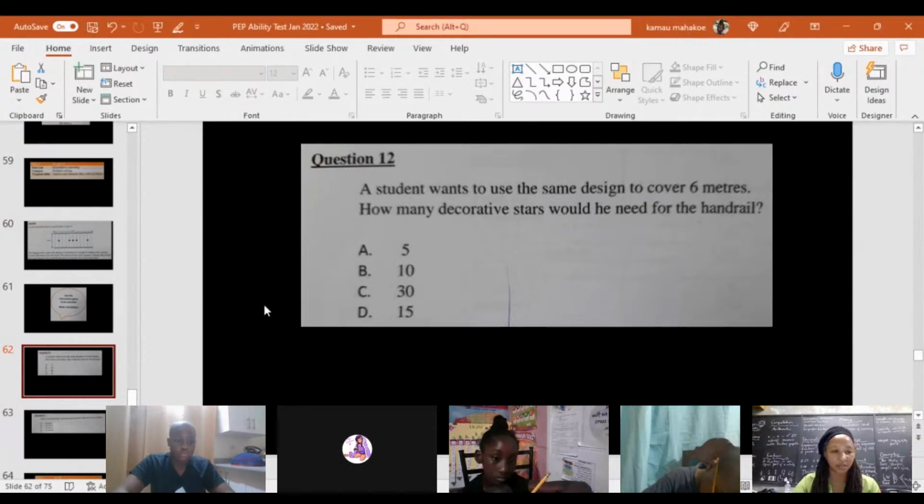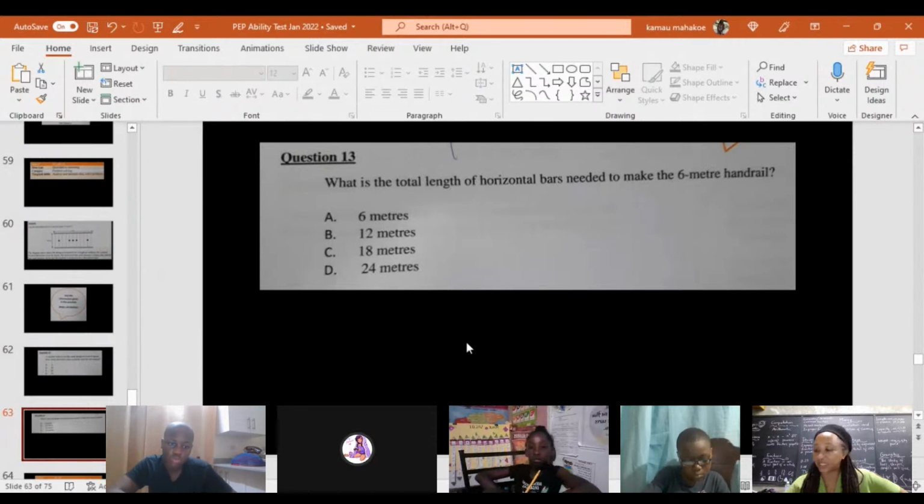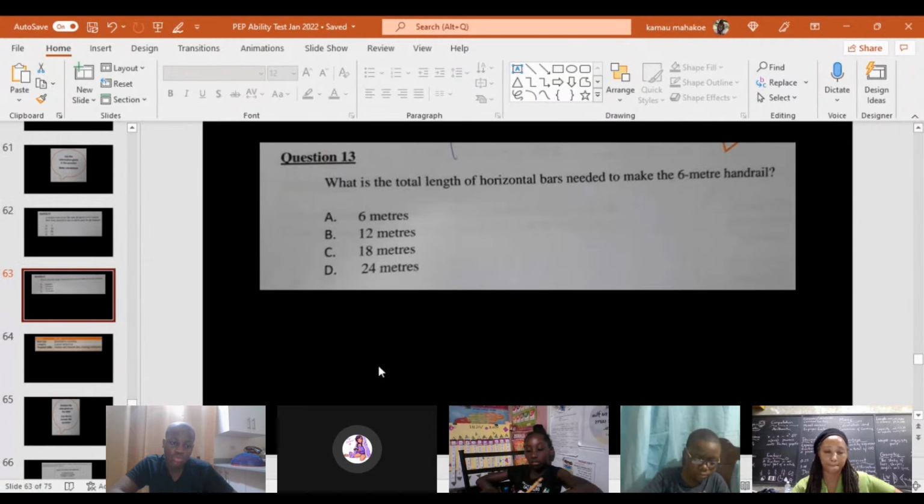No, they're talking to me in the chat. So, what is the total length of horizontal bars needed to make the 6-meter handrail? I don't know. It's true, miss, 2 meters is true. Why? Because 2 meters isn't an option anyway.